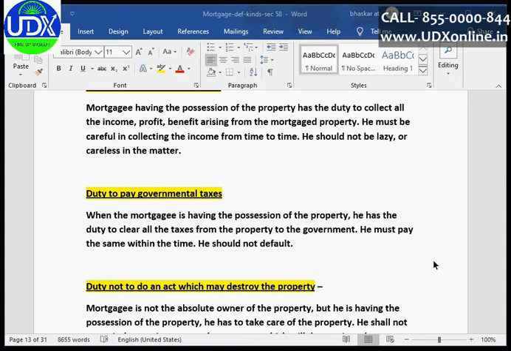The mortgagee may not be the owner of the property, but the mortgagee has paid the loan for which he is having the possession of the property as a valuable security.